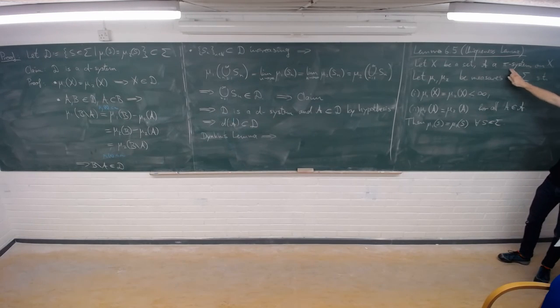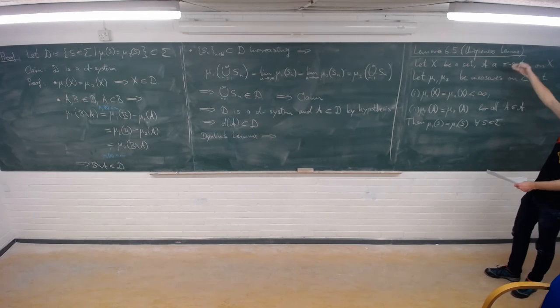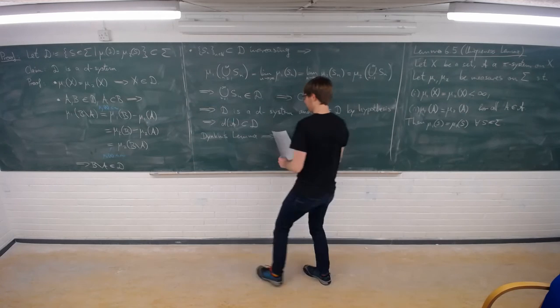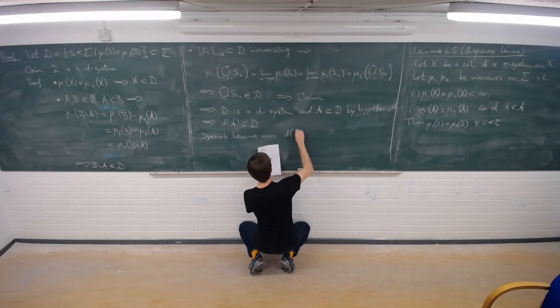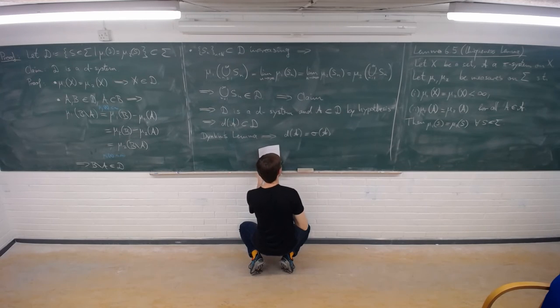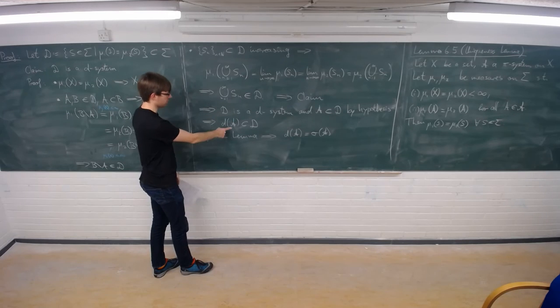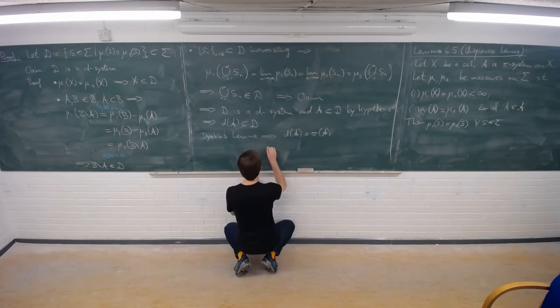So Dynkin's lemma tells us that the D system generated by A is again a pi system, and in particular, the D system generated by A is equal to the sigma algebra generated by A. So Dynkin's lemma tells us that D of A is equal to sigma of A. But D of A was a subset of D, so sigma of A is a subset of D.